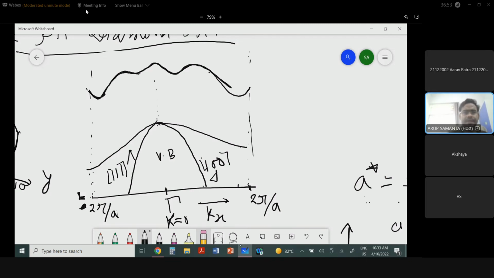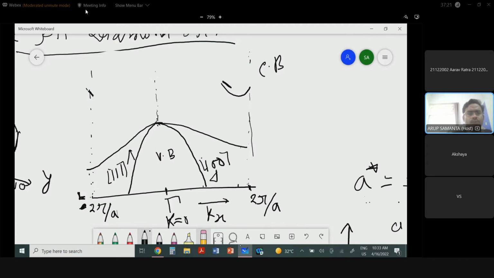These types of diagram you can find, where this is the conduction band. We have the other band here, but tentatively you can get these types of band, or it's a combination of two bands, so it's better to draw the single band. For simplicity, I just want to draw one part, not a combination of the others.